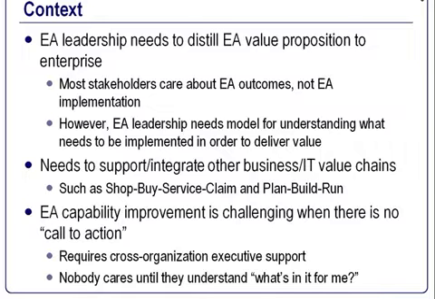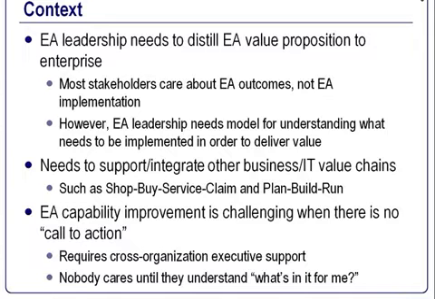So, for example, in an insurance company, there might be a value chain that might be described as shop, buy, service, or claim. In the IT space, particularly based on best practices described by COBIT, many organizations are using a plan, build, run value chain to describe the business of IT.